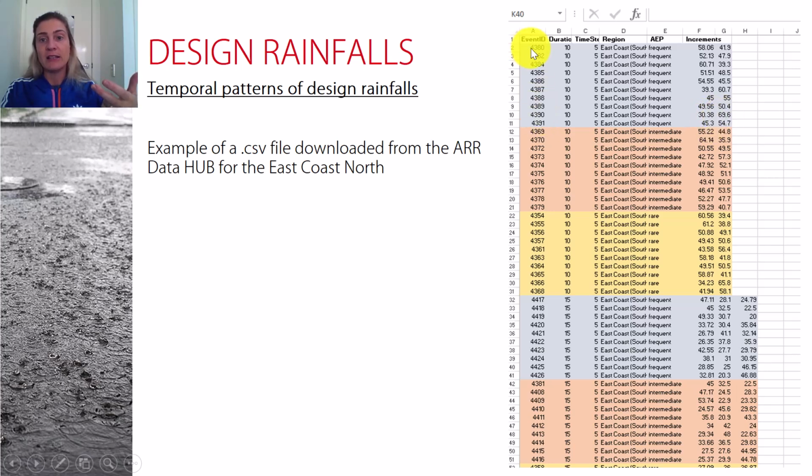So that's why we've got 2 increments. Okay, so and these are the 10 patterns. Each of these colors represent the 10 patterns of rainfall. We can see here that we start having 3 increments, because here we are talking about a 15-minute duration and the interval is still 5 minutes. So for 15 minutes we have 3 increments.